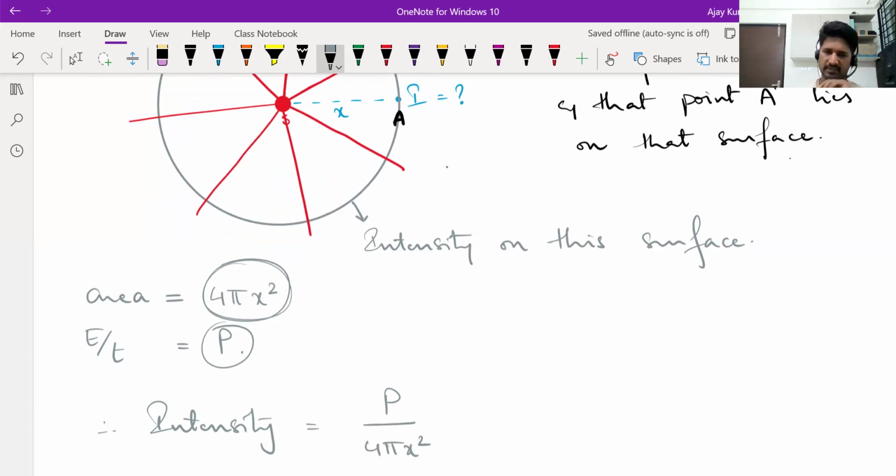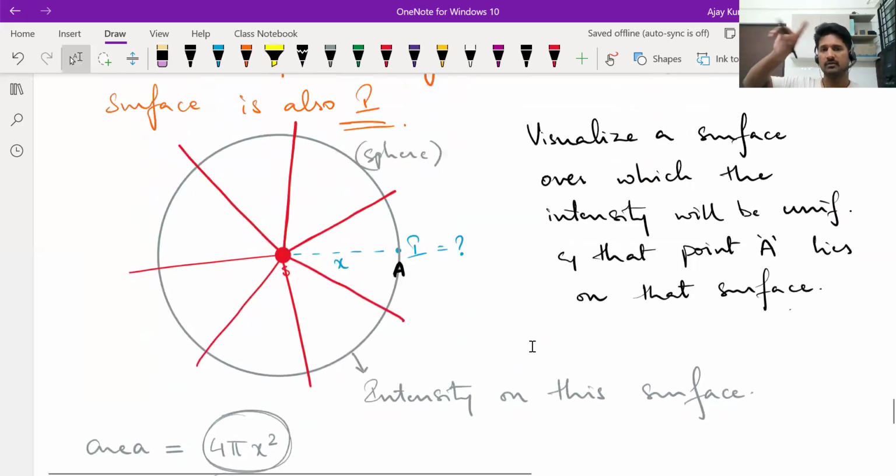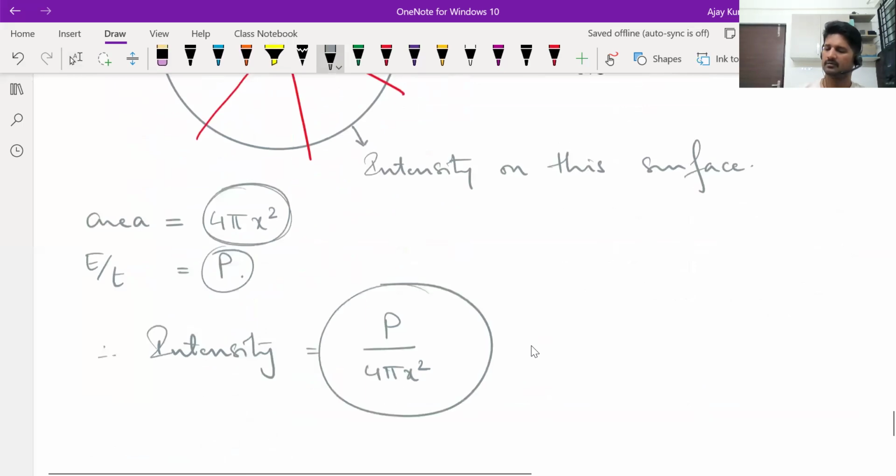So intensity will be P divided by 4 pi x square. That's the intensity over that sphere, and that sphere has uniform intensity because the points are equidistant from the source. So at a particular point of the sphere also, intensity will be P divided by 4 pi x square.